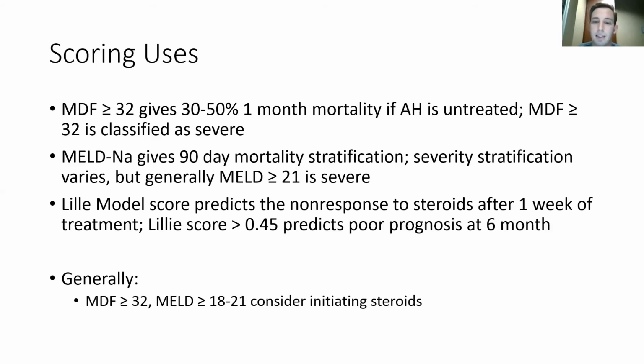That's also a very, very poor prognostic indicator for mortality at 6 months. So you shouldn't look at these patients and say, oh, they'll necessarily get better. If they're severe, these people will look very, very ill, and there is a high chance that they will die if they don't have a transplant. And so that's why you're considering steroids in these patients.